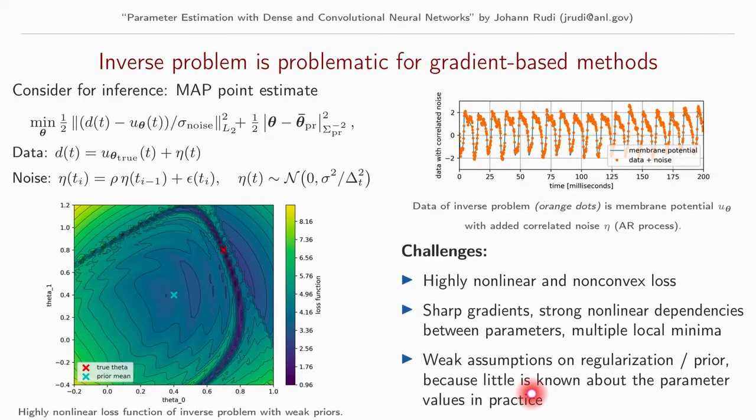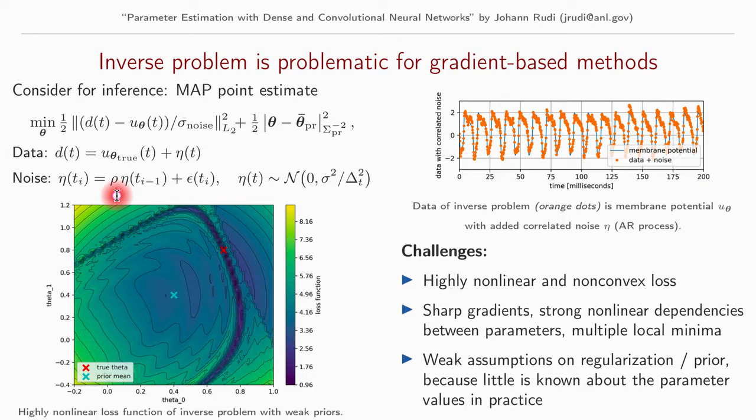Now let's jump to this inference setting. Let's assume we want to estimate the maximum a posteriori point. That means we want to minimize this data misfit term and this prior term. In the prior, the theta bar is the mean of the prior and sigma is the variance or covariance matrix of the prior. The data comes from the true model output for true theta and additive noise, which has also a component of correlation.